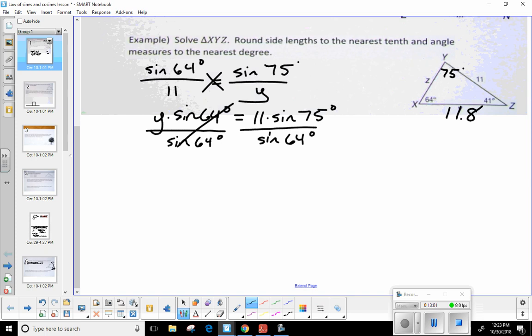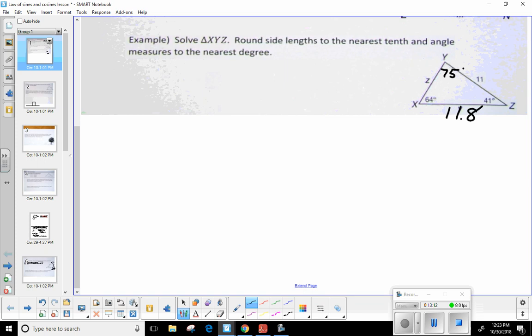All right, for this last one, I'm just going to use Pythagorean theorem. Why not? It's not a right triangle. Only if it's a right triangle can I use the Pythagorean theorem. So I'm going to go back once more to the law of sines. I'm going to stick again with the original pair. Sine of 64 degrees over 11 equals, what should I set this equal to if I want Z?